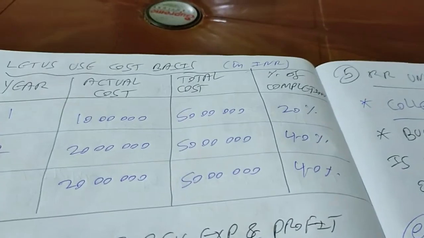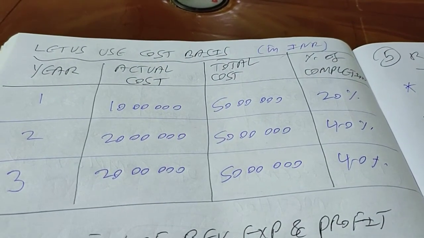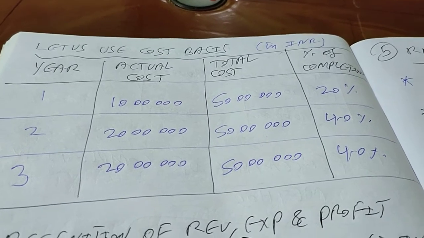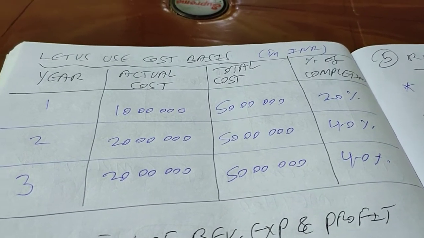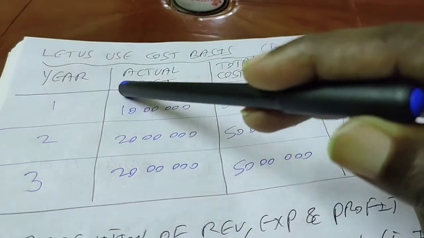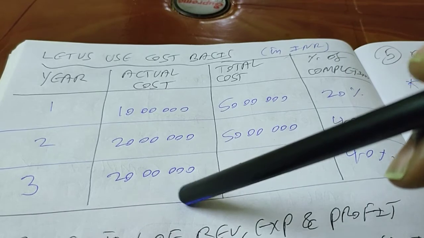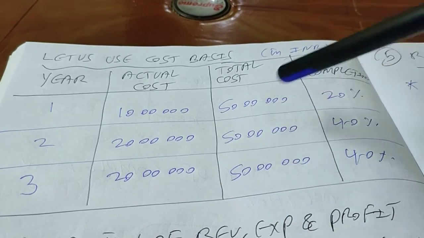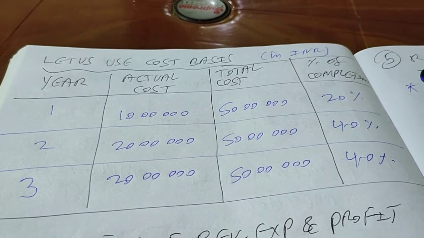So let me take you to the table under the percentage of completion method. Let's first find out the percentage of completion for this company. Let's take years 1, 2, 3. Actual cost incurred is 10, 20, 20. We are not using the work completion basis to find the percentage of completion; rather, we are using the cost basis.